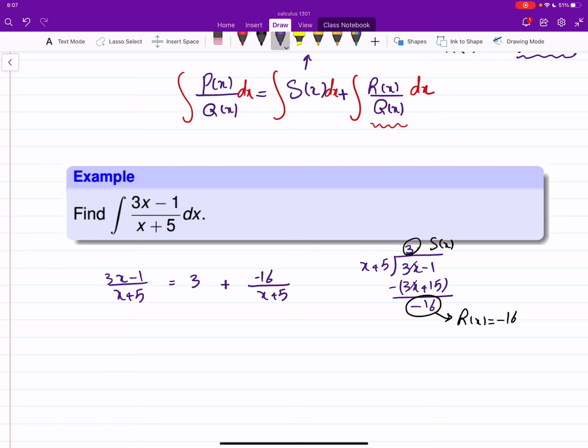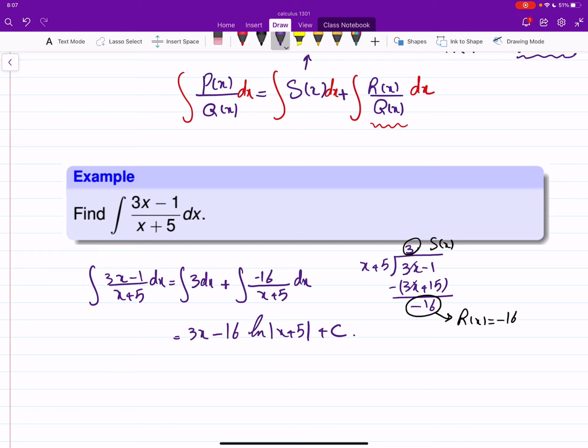Since we were looking for the integral of that, now we can separate these integrals. We have the integral of a polynomial, just 3, that's 3x, plus, I can bring that negative 16 out, and I know that the integral of 1 over (ax plus b) is 1 over a, here 1, times ln of the absolute value of x plus 5.